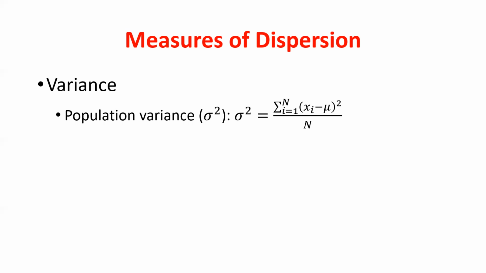This summation sign says start at the first observation, do whatever is to the right of this sign, add to that the second observation, plug that value into this, add to that the third, all the way to the last one, and then divide by the total number of observations.